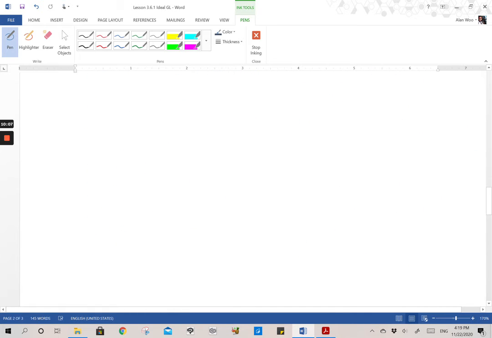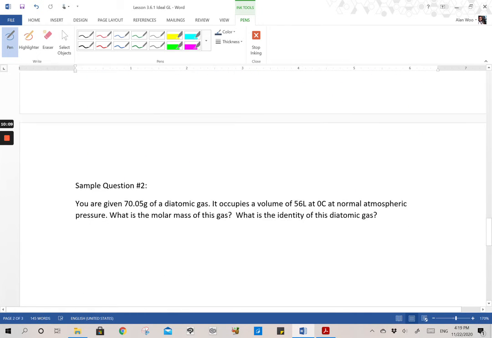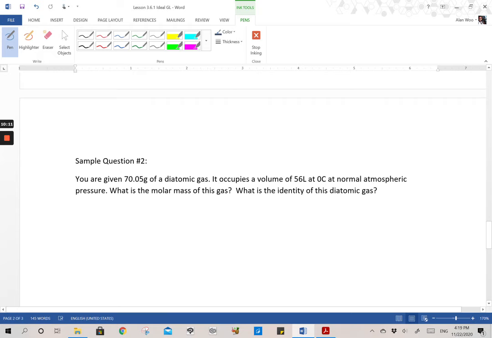The second sample question is a little bit more difficult because we're asked to do more. We can use the ideal gas law to find out more than just what variables are given. For example, we can use gas laws to find out molar mass and perhaps the identity of an unknown gas.